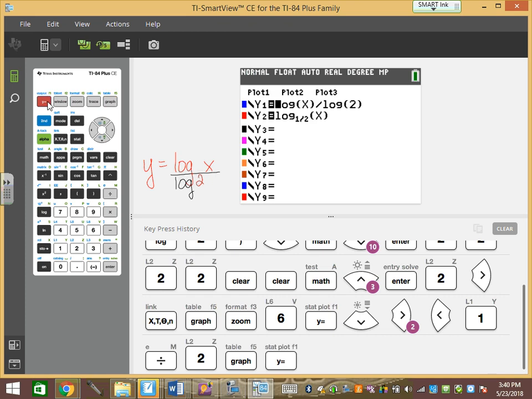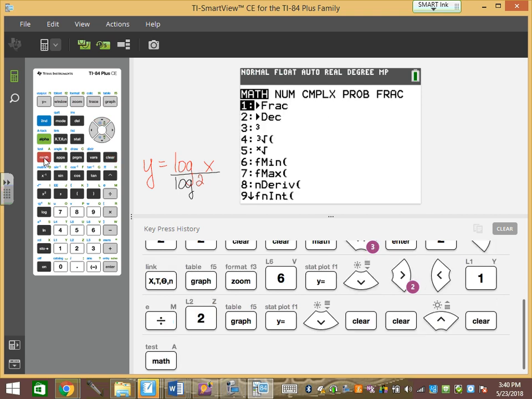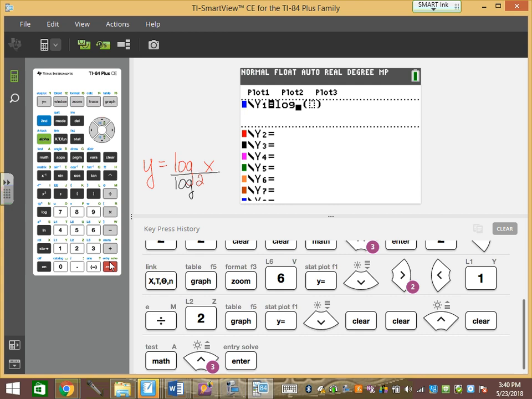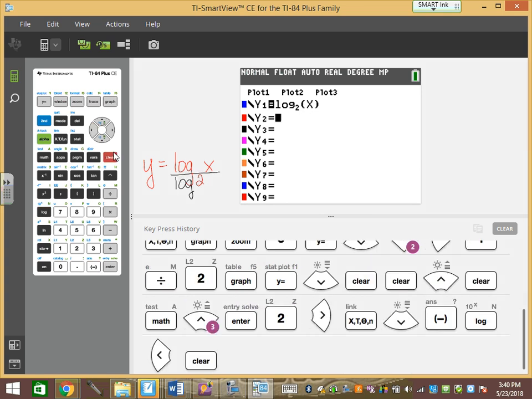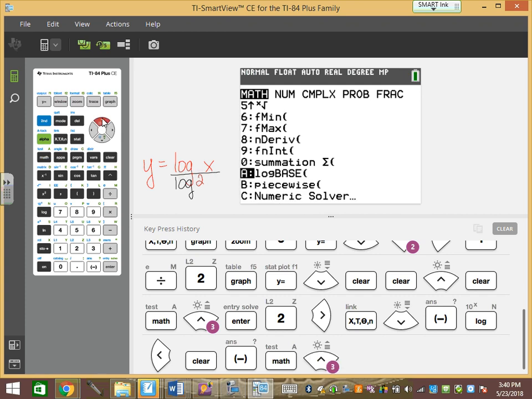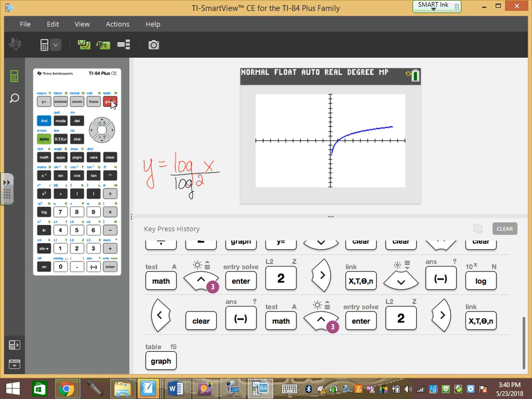That would also be the same as if, instead of putting a half down there, I put math log base 2 of x with a negative in front of it. We would do the same thing, because that's just a reflection in the x-axis, and that's what that fraction does. It causes a reflection in the x-axis. Okay?